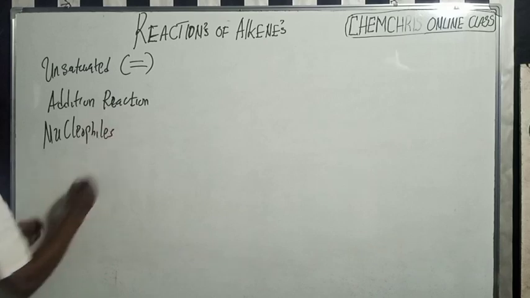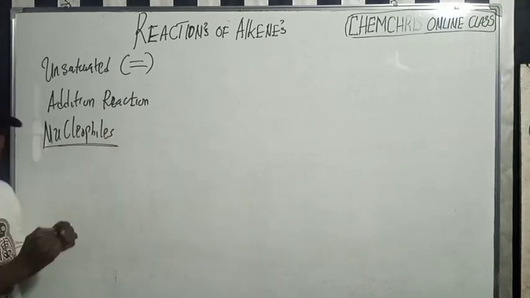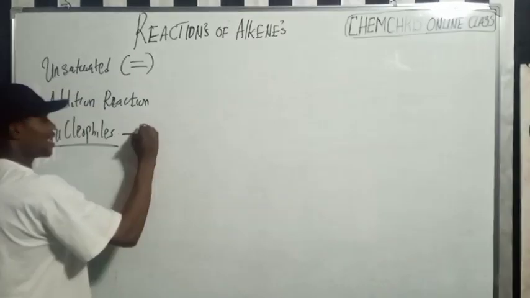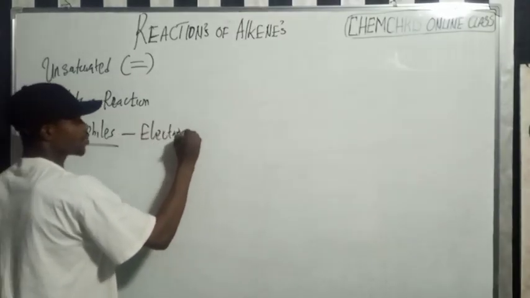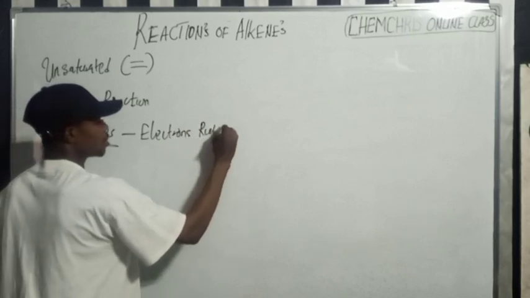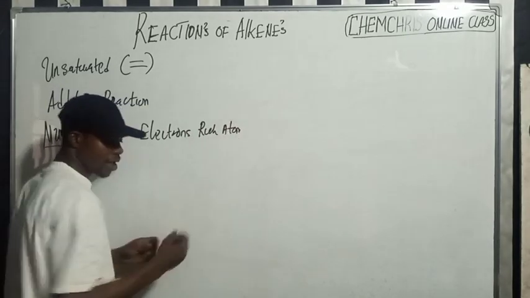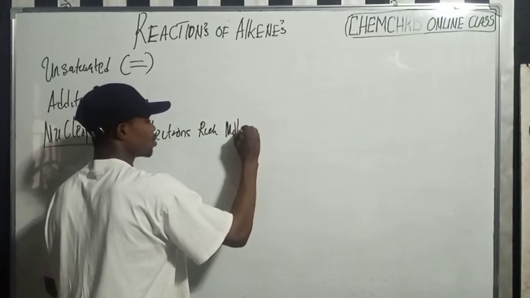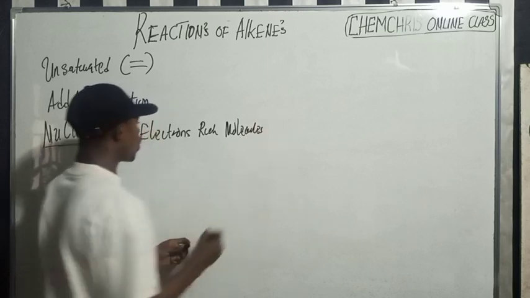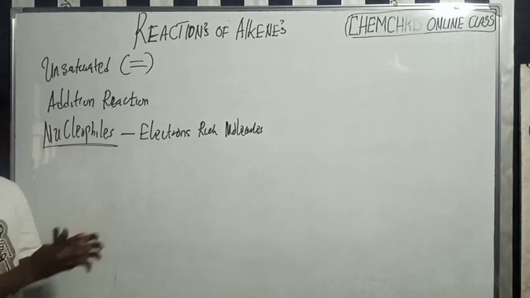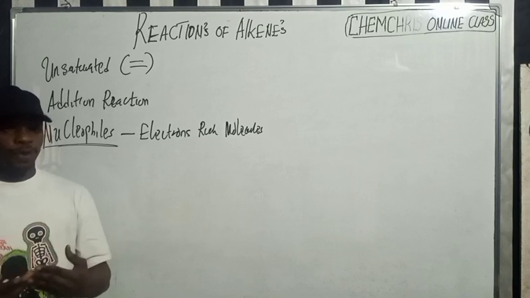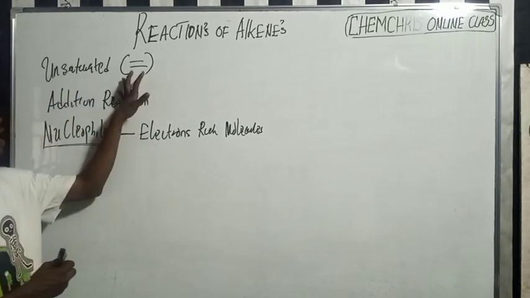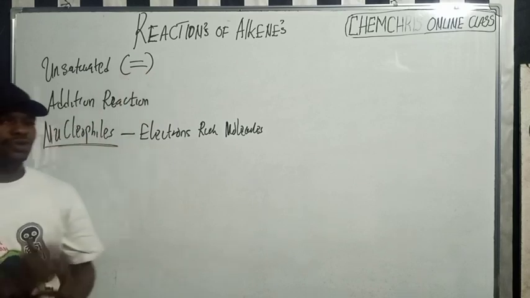Nucleophiles are electron-rich atoms, electron-rich molecules or atoms. Do you understand? So when I see a double bond or a triple bond, it's called a nucleophile. And all unsaturated compounds undergo addition reactions.